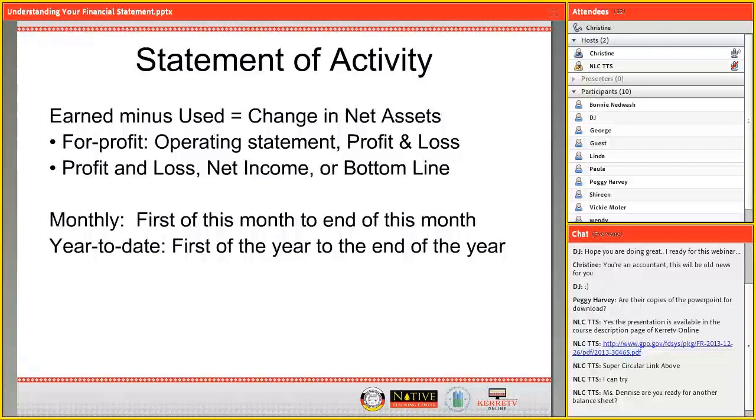That's why we don't use the word profit. The whole point of government is to provide as many services as you can with the funds that you have. Any questions?